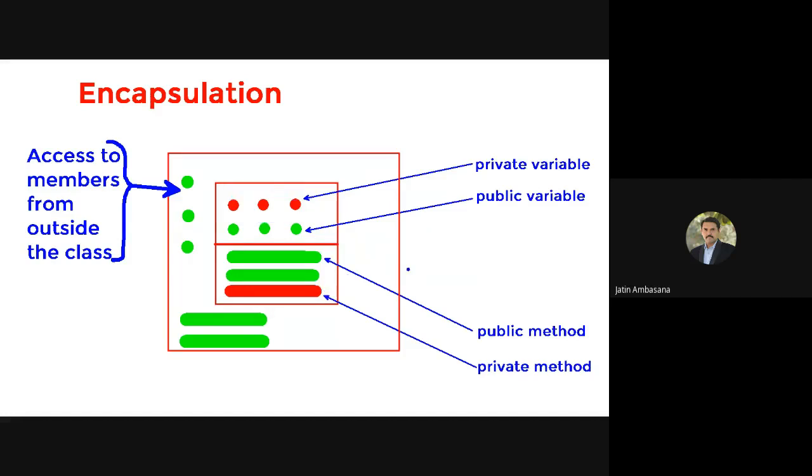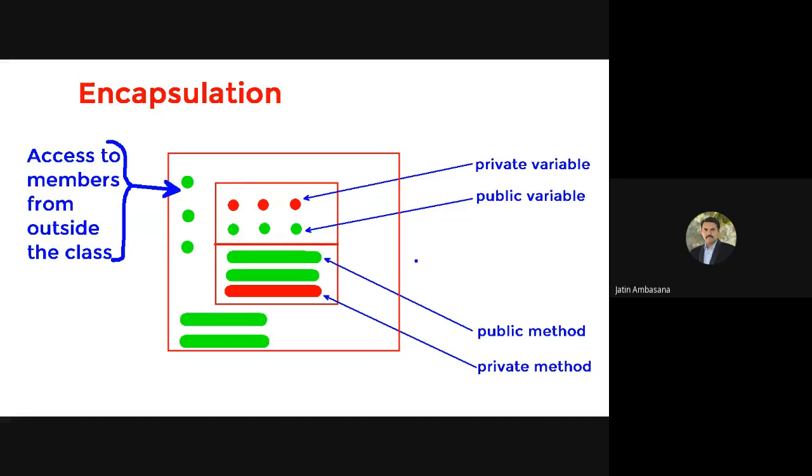Okay, so this is a kind of encapsulation. It says that the private data that you want to hide from the outer world can be made private. The data that you want to hide from outside access should be made private.